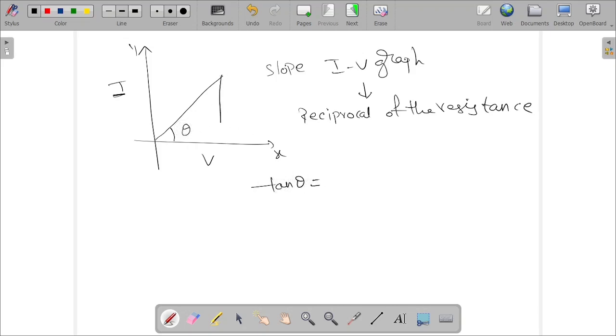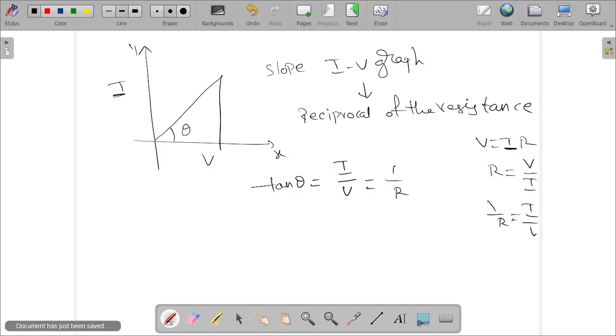Tan theta equals opposite side, which here is I, over adjacent side, which is V. So I by V equals 1 by R. As V equal to IR, R equal to V by I, and taking the reciprocal, 1 by R equals I by V. So tan theta equals 1 by R when voltage is along the x-axis and current along the y-axis.